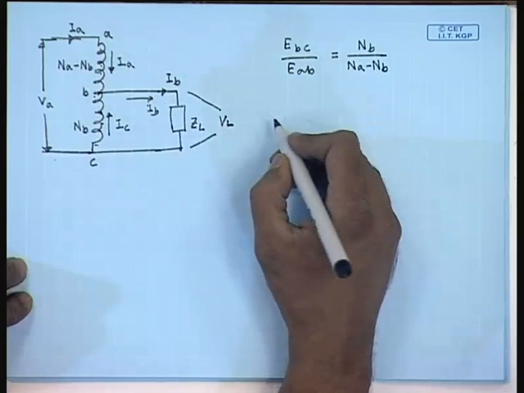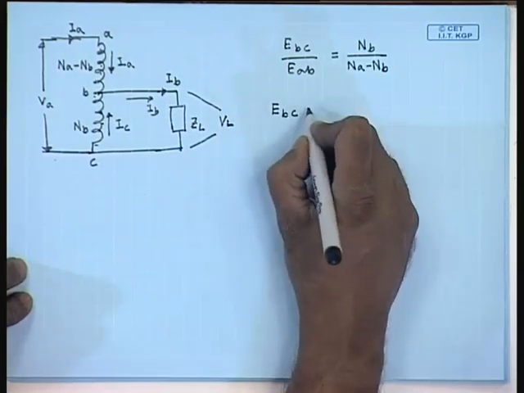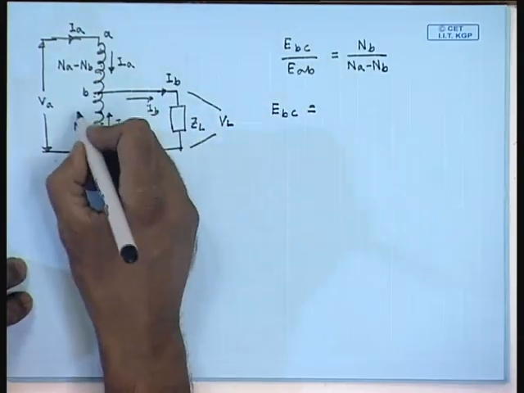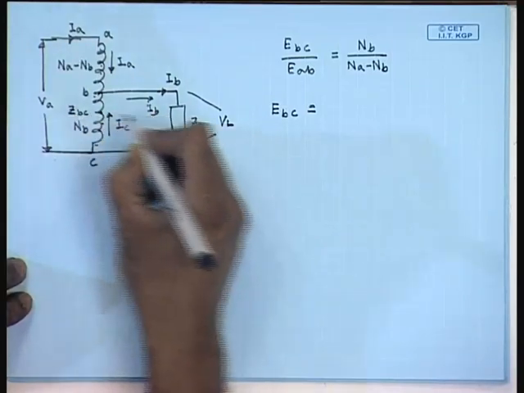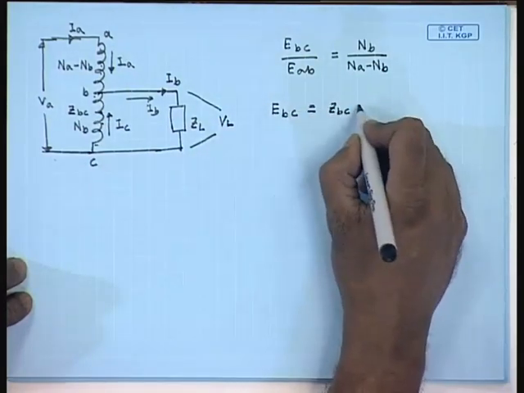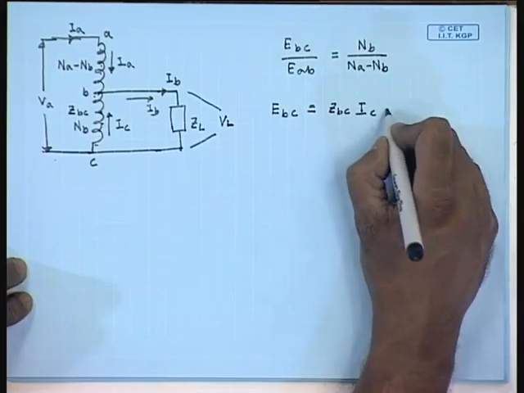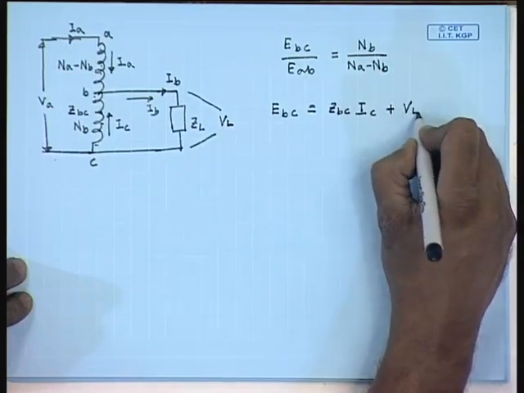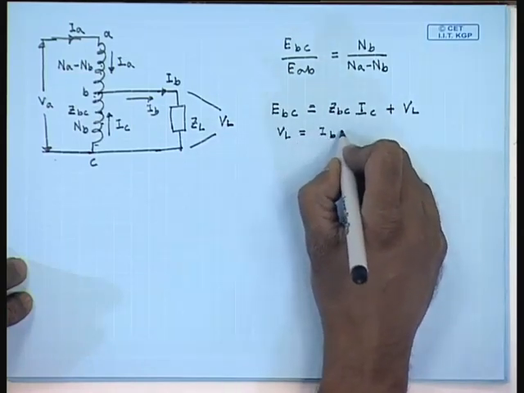From KVL we can write the induced voltage EBC equal to the leakage impedance of this part, ZBC, into the current IC, plus the load voltage VL, where VL equals IB into ZL.